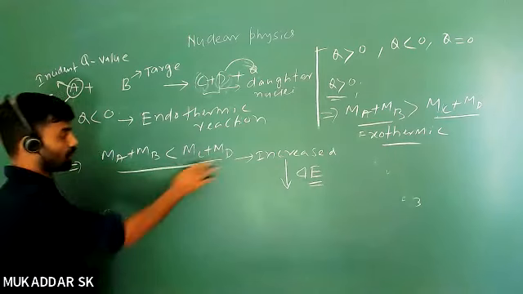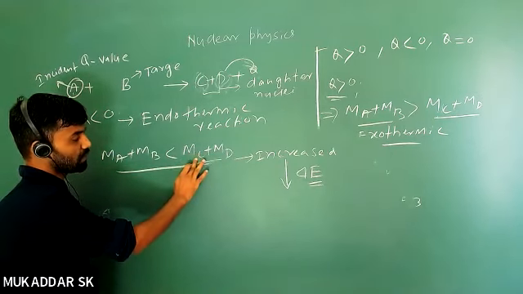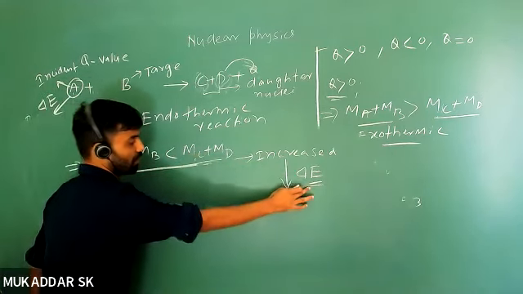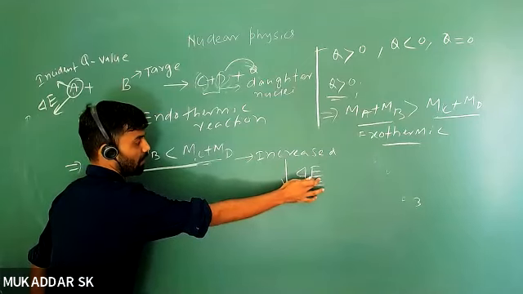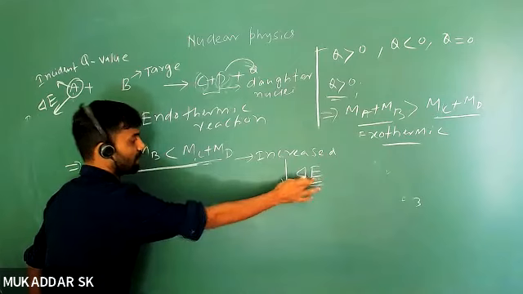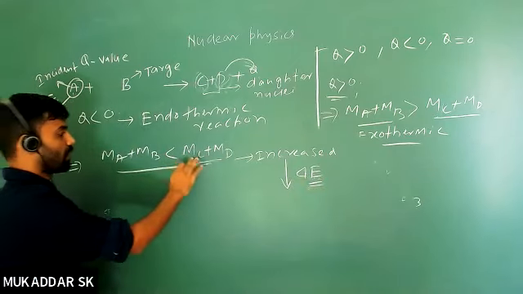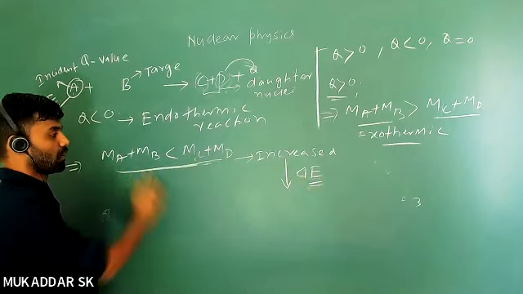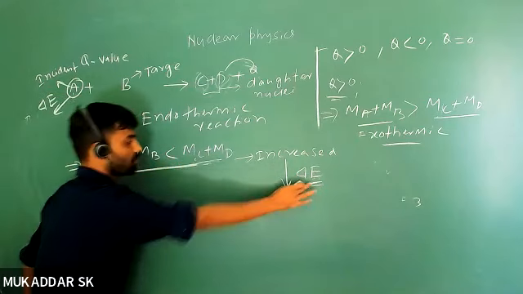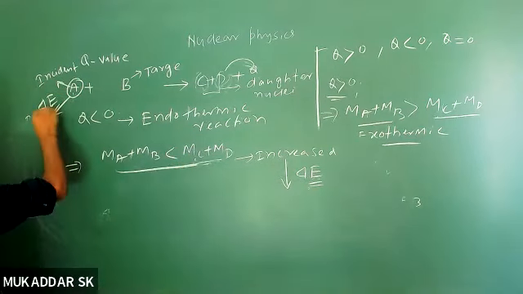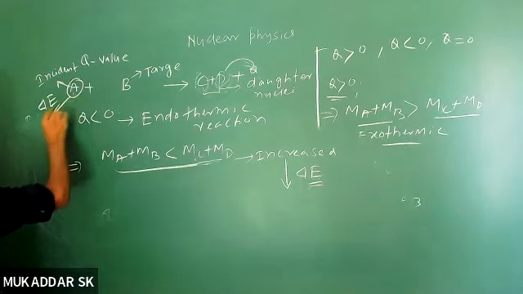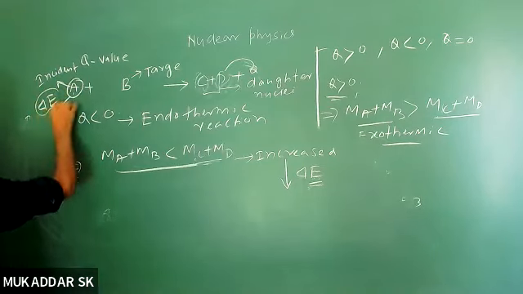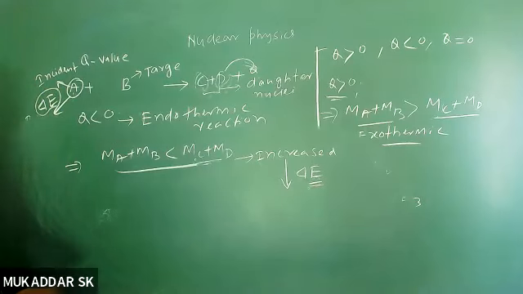Since after the reaction the mass of the product is increased, you have to supply delta E amount of energy. That energy corresponds to Mc plus Md minus Ma plus Mb. That external source is the kinetic energy of the incident particle. So you have to supply delta E amount of energy, a minimum energy, so that this reaction can take place.